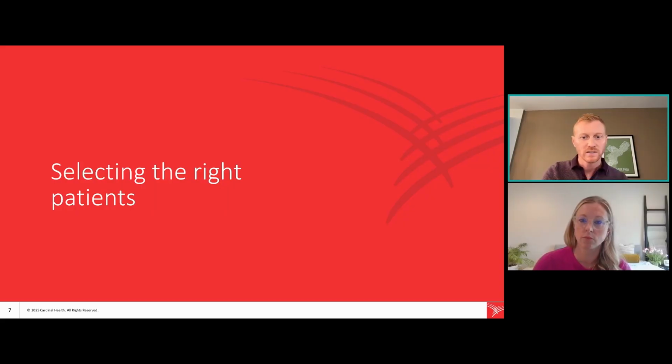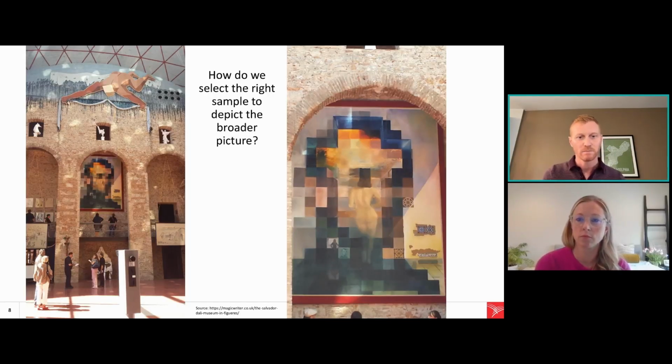So one way I wanted to depict that is with a well-known painting called Lincoln by Salvador Dali. If we look at the overall picture, it appears as Abraham Lincoln, and if we zoom in, we see different components within the broader picture.